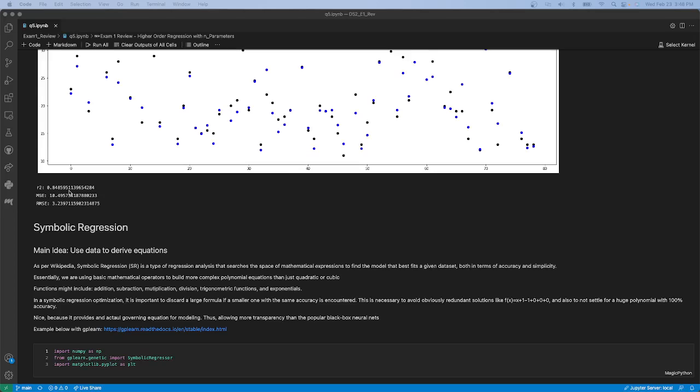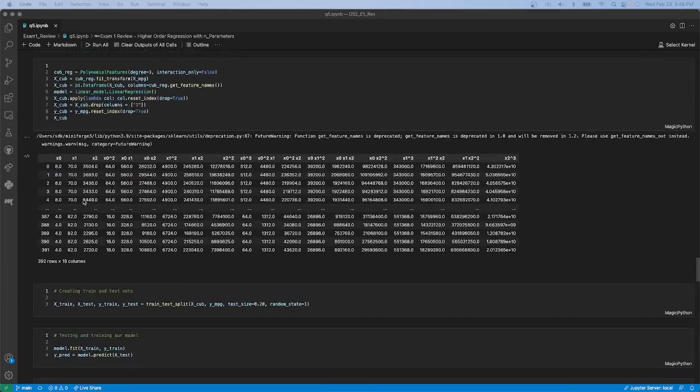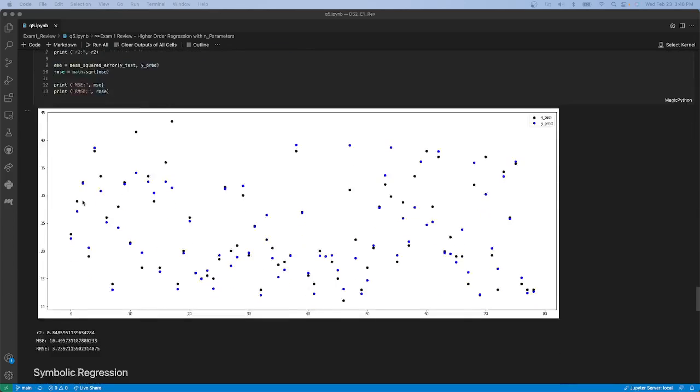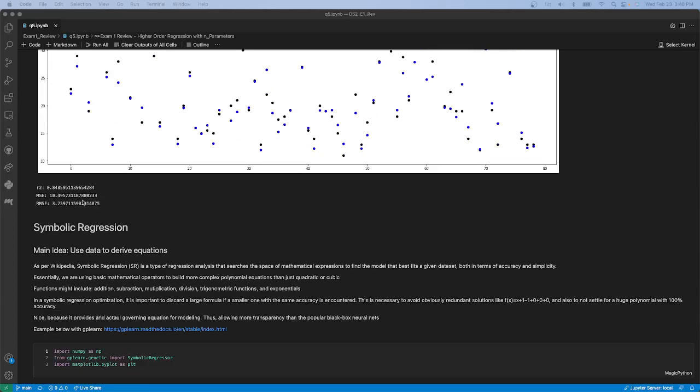Typically, the higher order terms you include, the more you're going to overfit and the higher the r squared value is going to be. But in this case, that didn't really happen. So maybe there was some sort of quadratic relationship that was captured by the model above. Anyway, just interesting things to point out. And going along with the r squared being worse, so are the MSE and the RMSE.